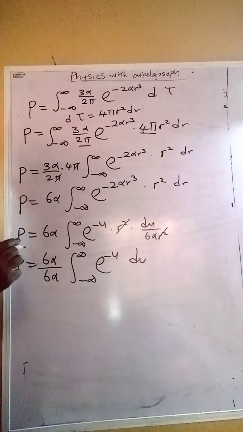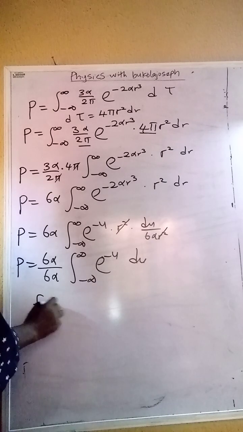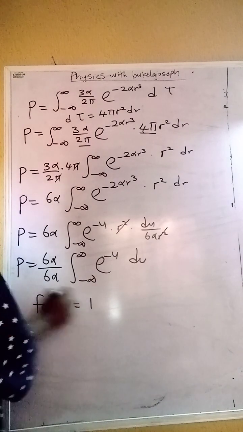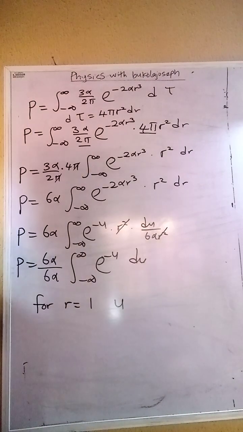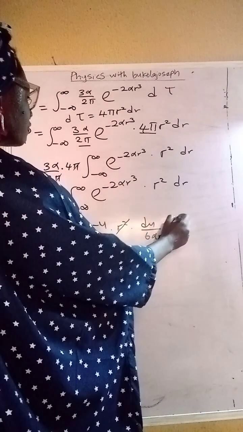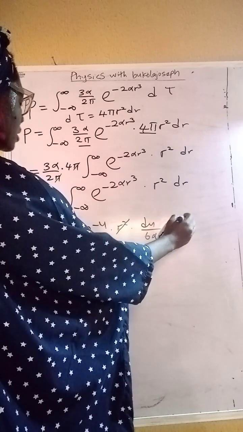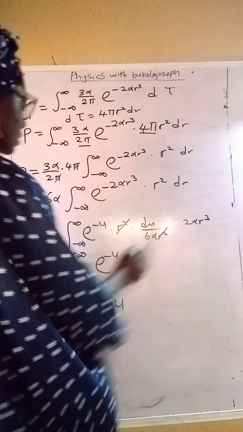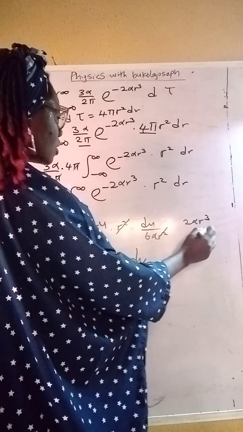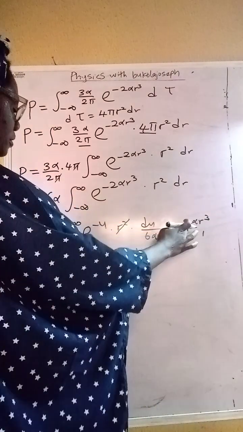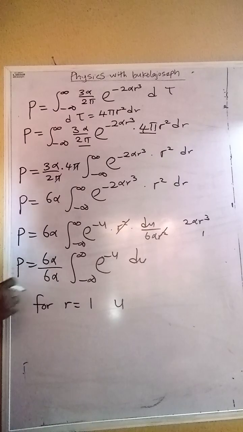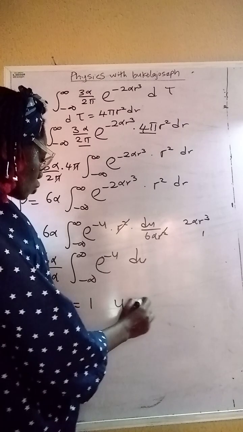Now for r is equal to 1, u will be equal to what? From the formula u equals 2 alpha r cubed, if we substitute 1, 1 times 1 times 1 gives us 1, so u is 2 alpha.